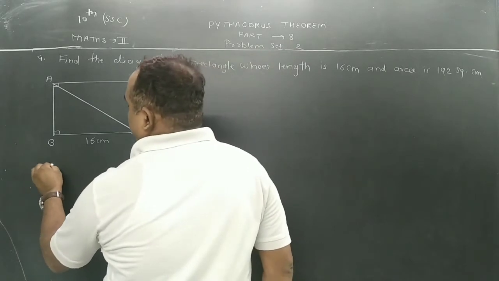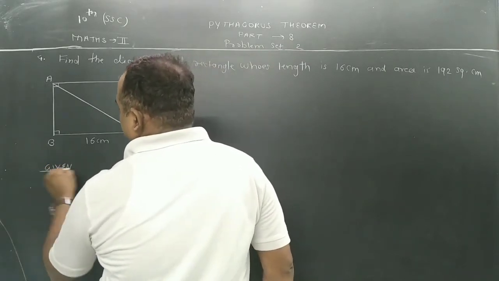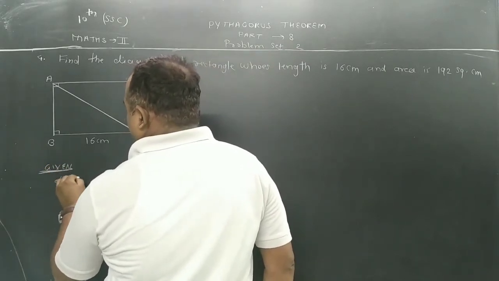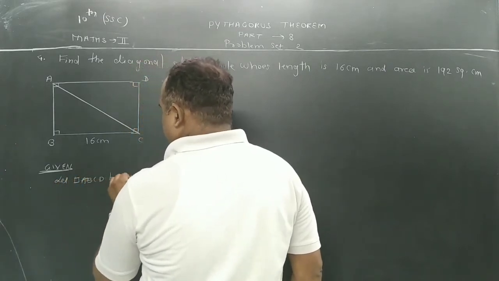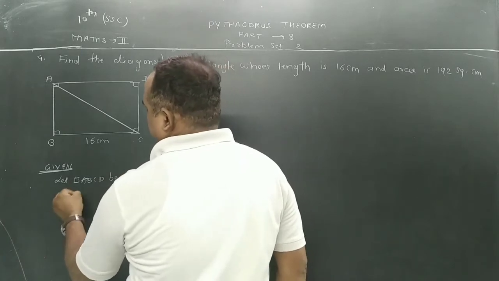So given, let quadrilateral ABCD be a given rectangle.